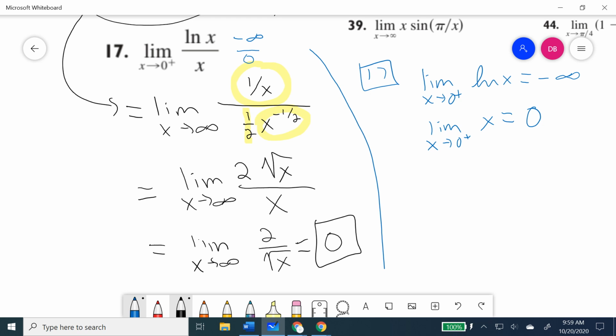So the answer to that limit is technically negative infinity, but we would say does not exist. And be forewarned that I'm not against giving you a non-L'Hopitalable limit on a test. Always check to make sure it's L'Hopitalable.